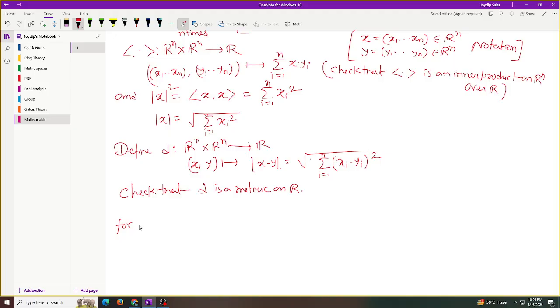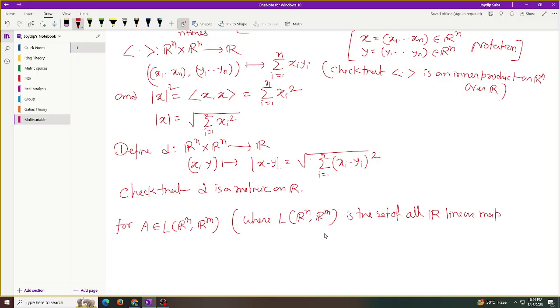For a matrix A belonging to L(R^n, R^m), L is the set of all R-linear maps or linear transformations from R^n to R^m, so that it is an m cross n matrix over R, with matrix entries from R.